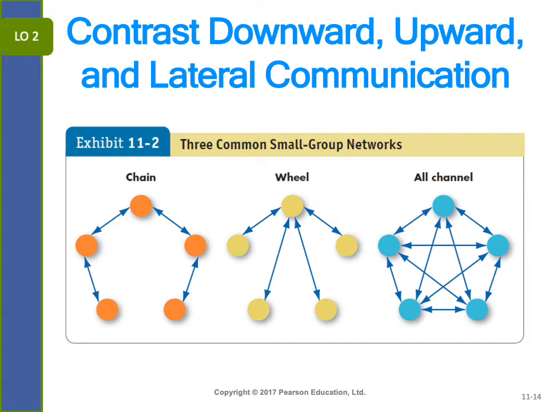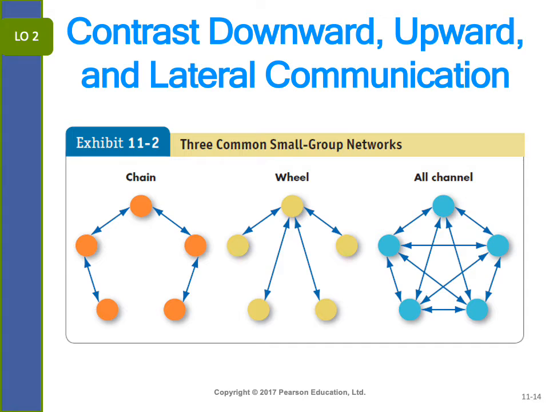Remember, in this context we talk about very formal communications. We have downward, we have upward, we have lateral communications. But in an organizational context, we also have what we call networks. A network is how the information is conveyed.